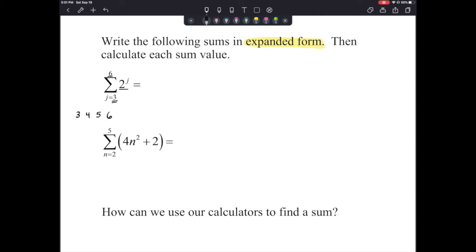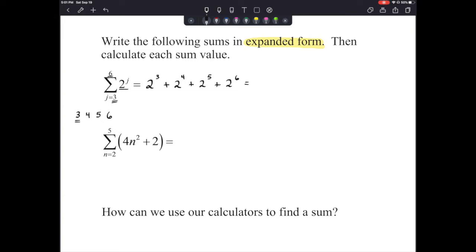To get our third term, let's just plug that 3 in for j. So instead of being 2 to the power of j, it's 2 to the third power, plus 2 to the fourth power, plus 2 to the fifth power, plus 2 to the sixth power.